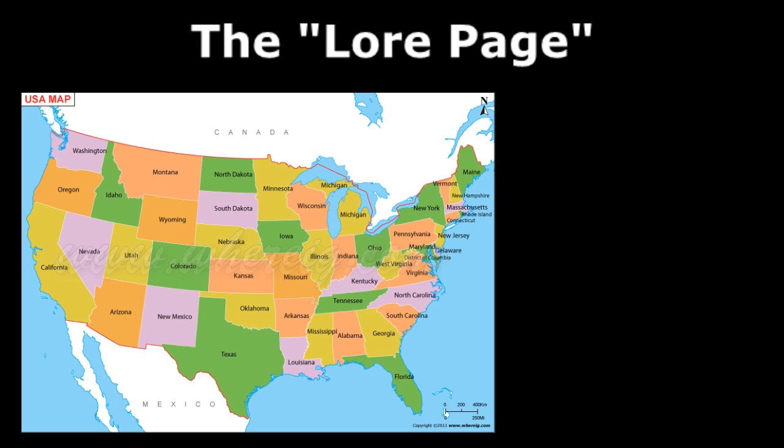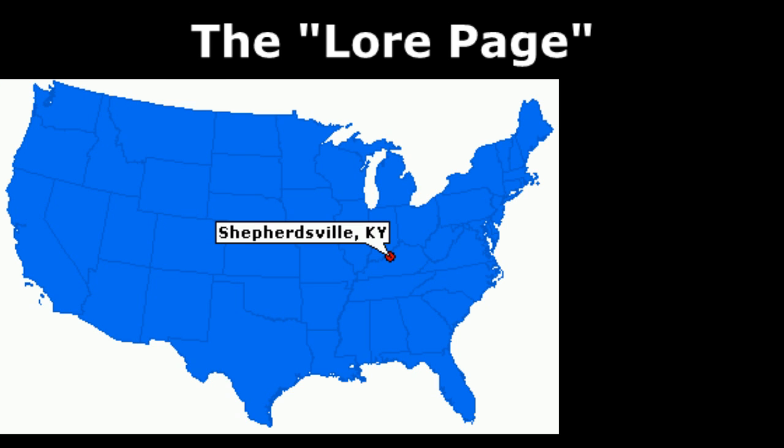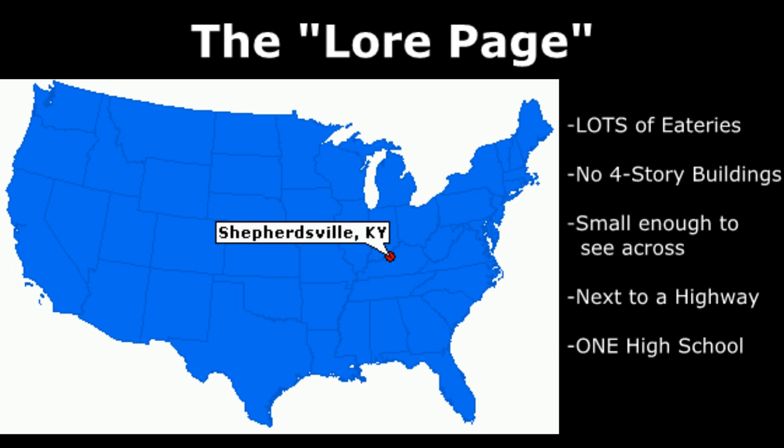Or if you've got a very small finite place like a town or a county, be like, okay, if you're from Shepherdsville, which is where I grew up in Kentucky, there's a lot of eateries there, and there's no buildings any taller than 3 stories. The town is small enough to see across, but there's a major road that goes by next to it, so lots of traders and people from out of town often stop in to eat their fill before they continue to travel on.